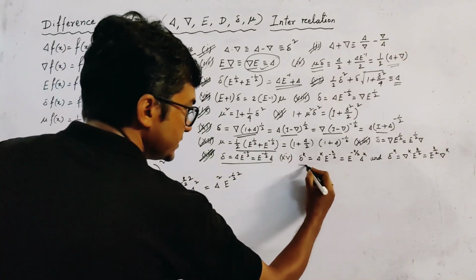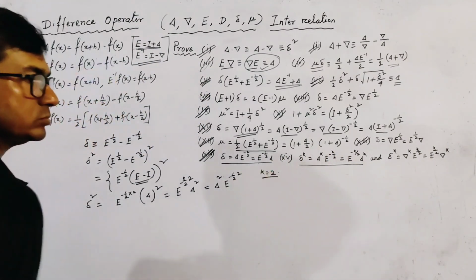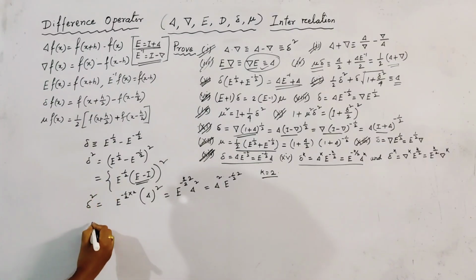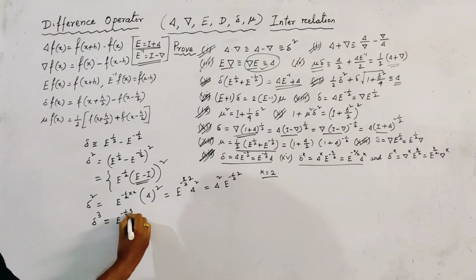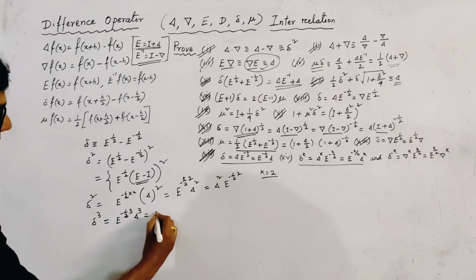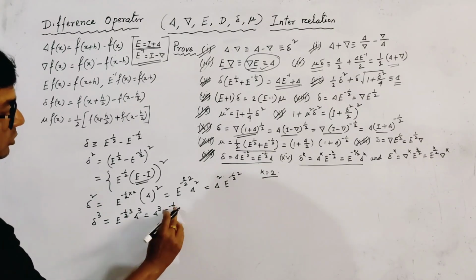So clearly this relation holds for k equal to 2, and in a similar manner we get delta cube equal to e to the power minus half whole cube into delta cube, and this is delta cube into e to the power minus half into 3.